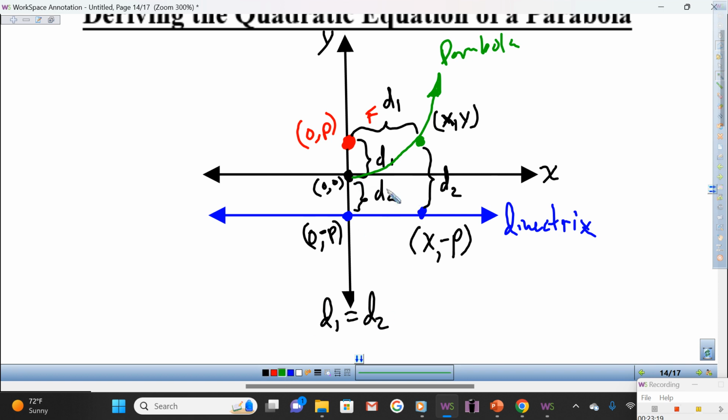Now, does it work with any point? Well, let me see. If I place a point over here, which I did, and I label it XY, we said that this distance is the same as this distance.